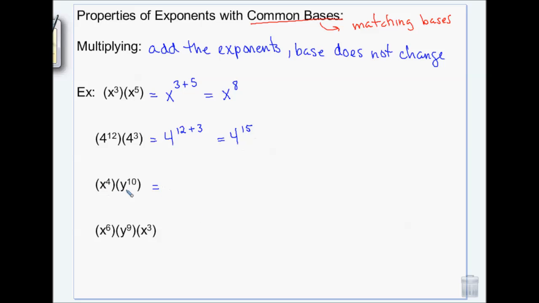X to the 4th times y to the 10th, those are not common bases. So I really can't do anything with it. It stays the same.